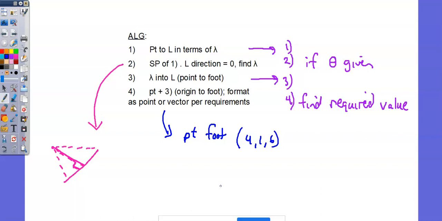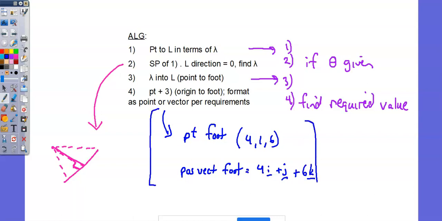If the requirements are the position vector of the foot, that we would write as 4i plus j plus 6k. So again here, there's no question or scenario this actually applies to. I've just pulled this out of the air as if this had been the solution to a problem. Those are the requirements you're given. You want to think about which format is appropriate.